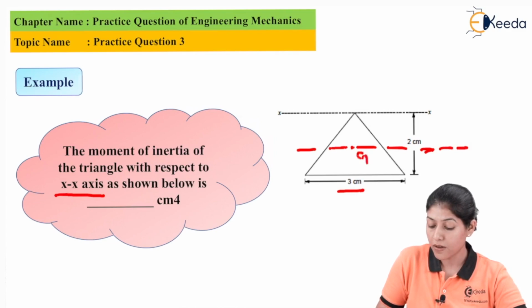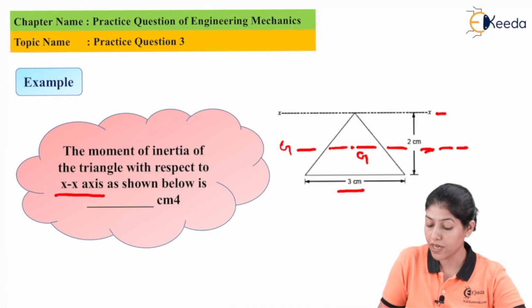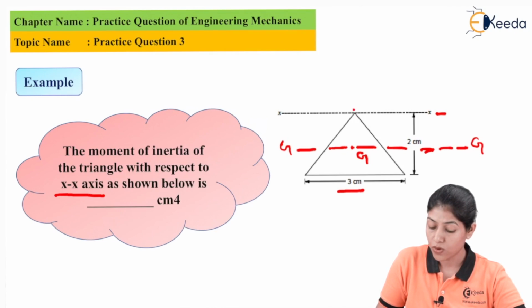So here this direction or this axis we are considering as x axis. So the axis which is passing through point G will be GG axis, and it can be in x direction only. And if we are considering y direction, we have to draw the axis in this particular direction.